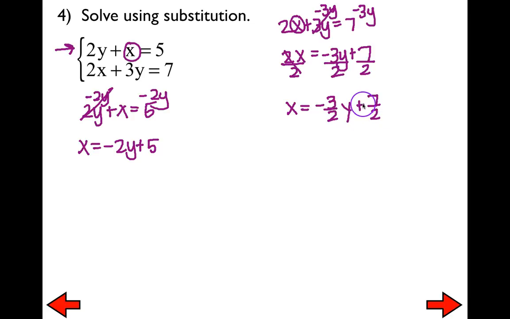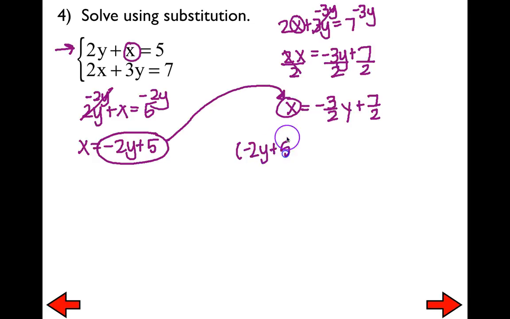And again, we have fractions, but it's not the end of the world. We're going to take it step by step and see where it takes us. So, since both of these are solved for x, I can go ahead and take this expression for x and substitute it in for x. So now this is going to leave me with a negative 2y plus 5, which equals the negative 3 halves y plus 7 halves.